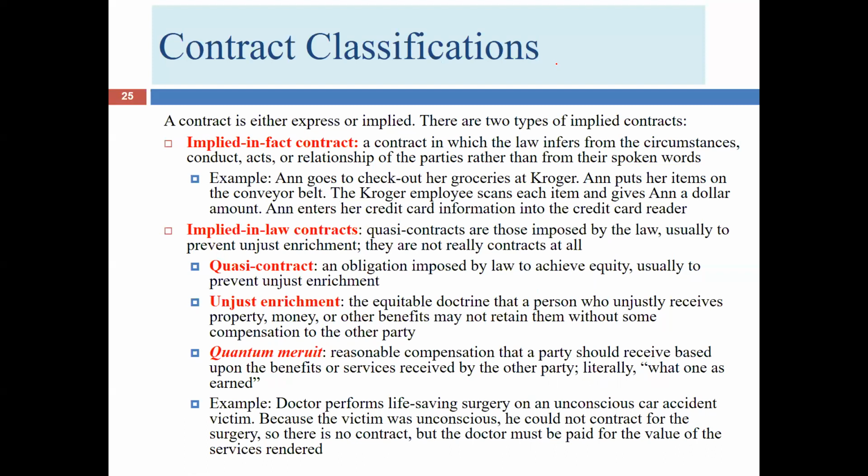I get out my credit card, I swipe it through the reader, I punch in my debit number, I hit a button to indicate which grade of gas I want. I unscrew the cap on my gas tank, I put the nozzle in the gas tank, and I squeeze the thing that starts it going. I don't know what you call that, but anyway, it starts going and it starts coming out.